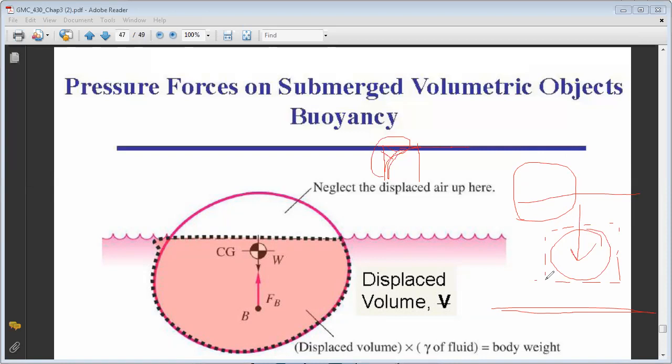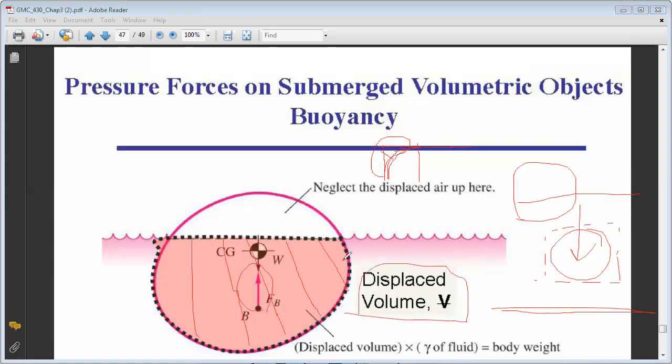Okay, you have learned at school that whenever I have an object submerged into a fluid, to consider the buoyancy force, which is the action of the fluid on the object, I just consider the submerged volume, and I say that the buoyancy force will be equivalent to the weight of the displaced volume.